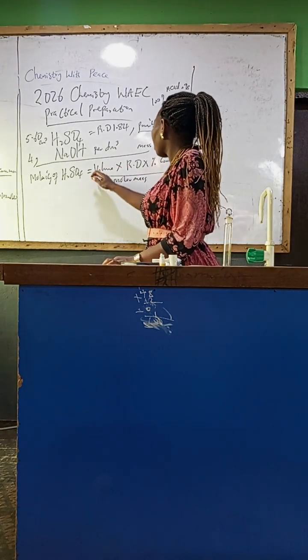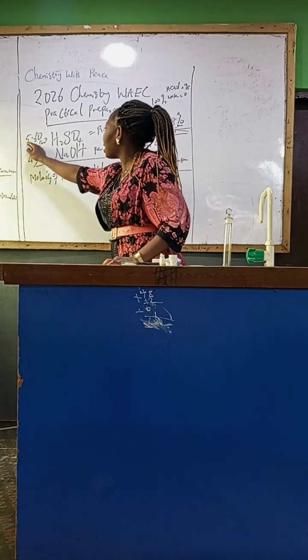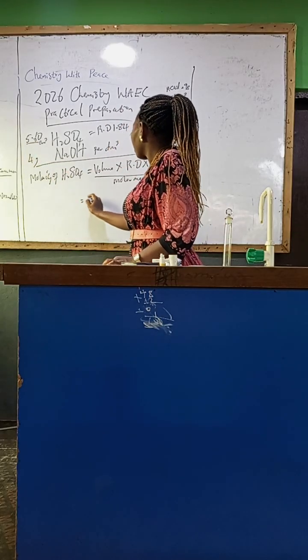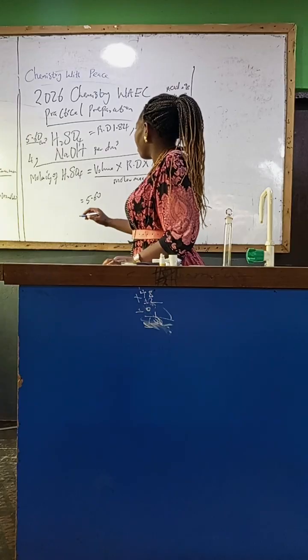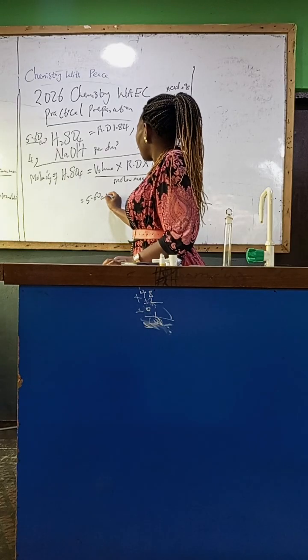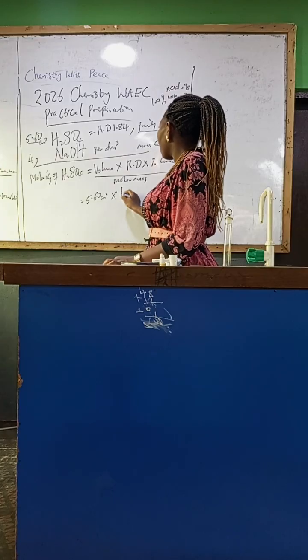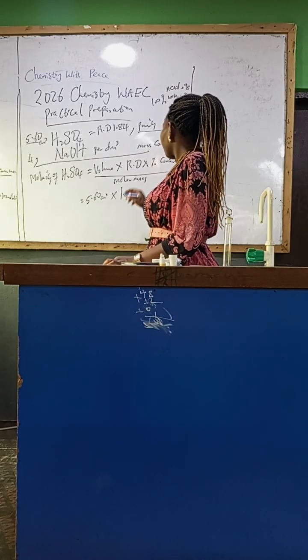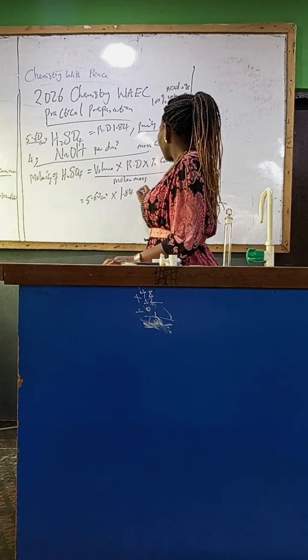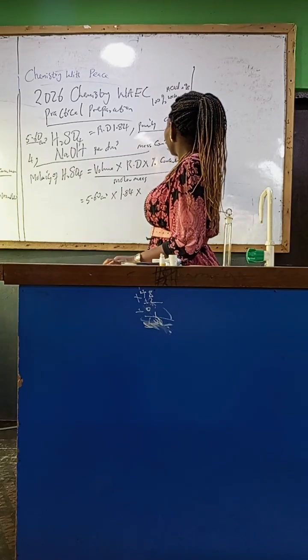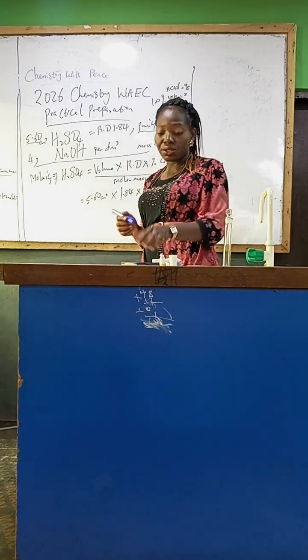So first of all, for volume, we are given the volume as 5.60 cm cube times the relative density, which is given as 1.84. Then the percentage concentration, we are given 98, and this 98 is over 100.